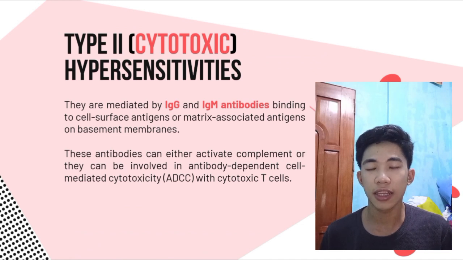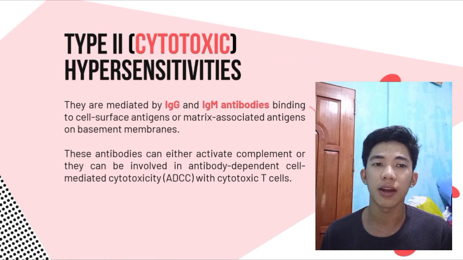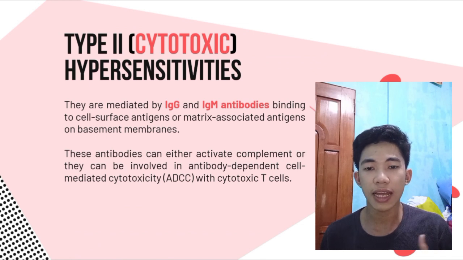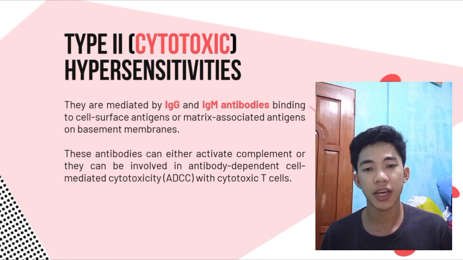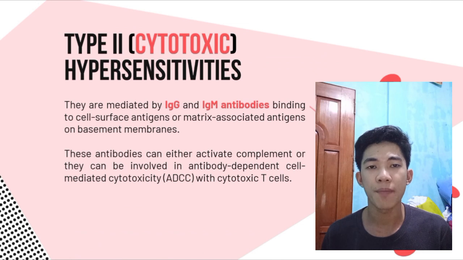And in type 1 hypersensitivity or allergy, the antibody, which is the IgE antibody, only binds to mast cells, which results in the release of chemicals that lead to allergy symptoms like inflammation.